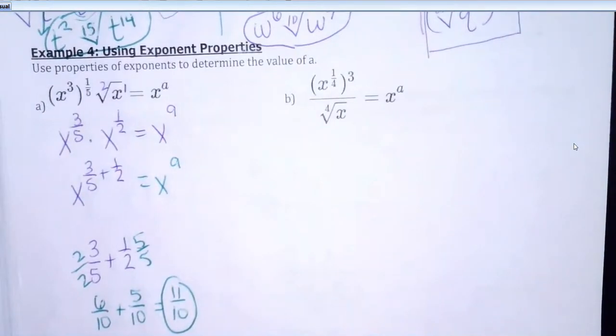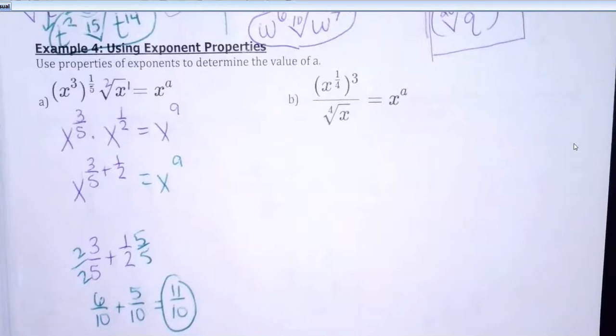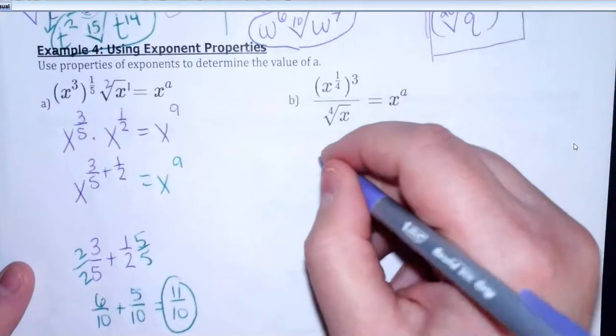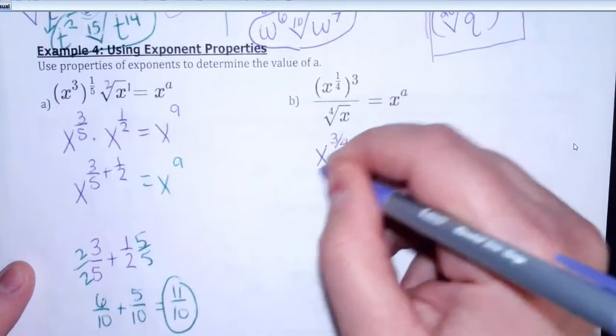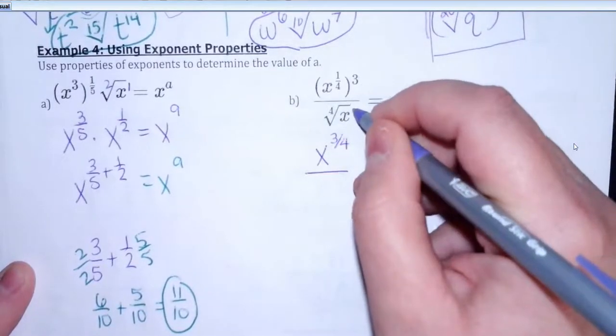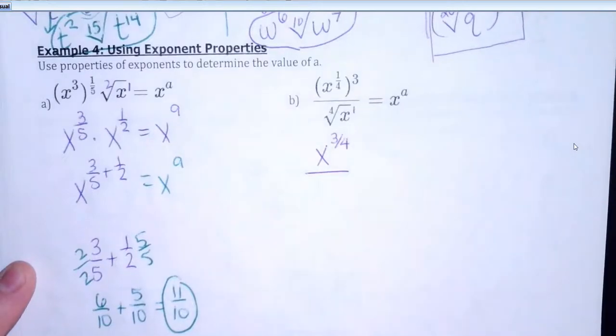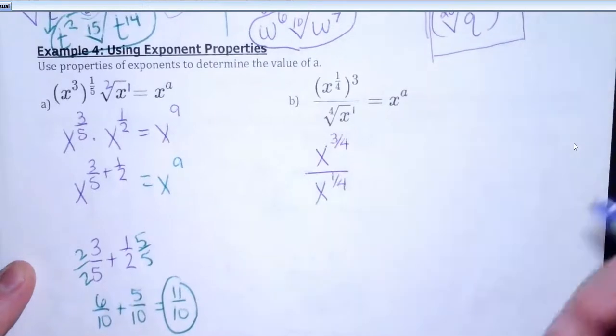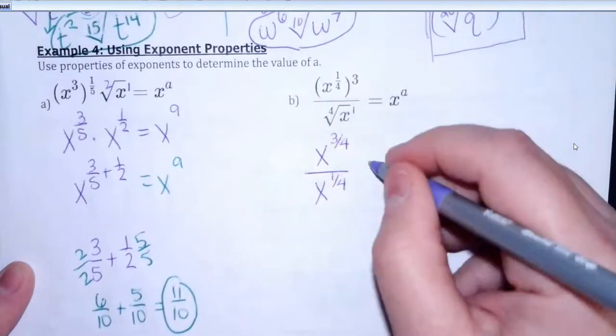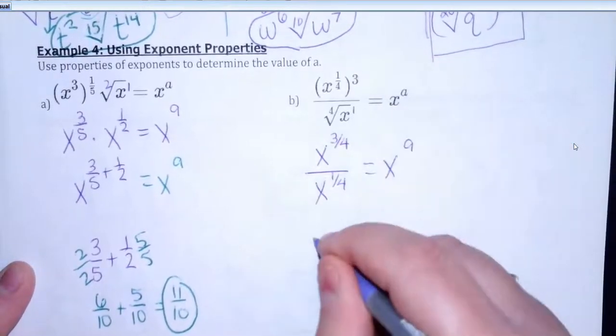And I've got one more problem here, and this one's going to be a subtraction. So power to a power, we're going to multiply those exponents. That top of that fraction would be x to the 3/4. The bottom of the fraction, again, if you don't have an exponent, just think of that as being a 1. The 4th root is the same thing as the 1/4 power. This one will be super nice for us because I don't even need to get a common denominator.